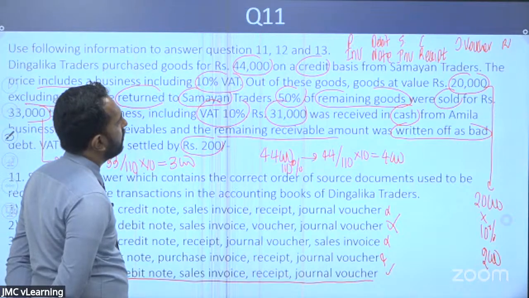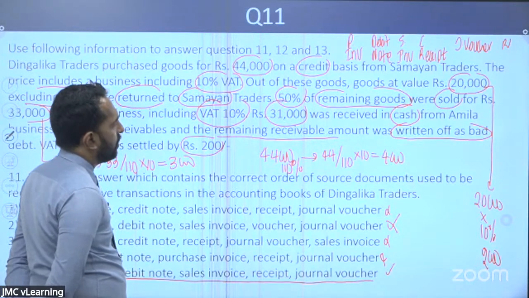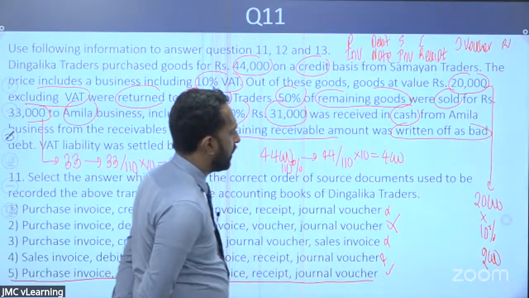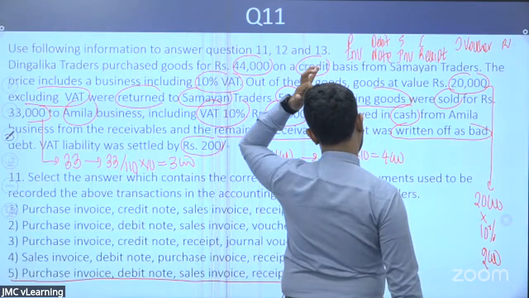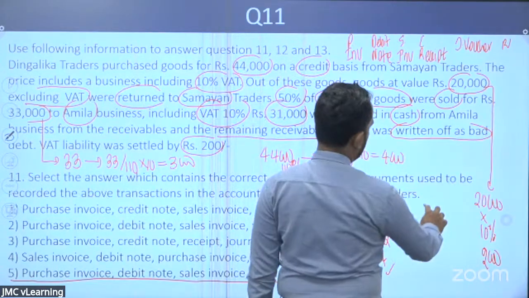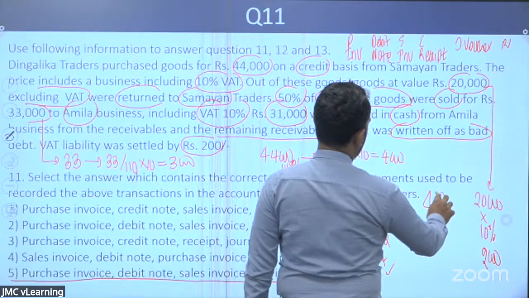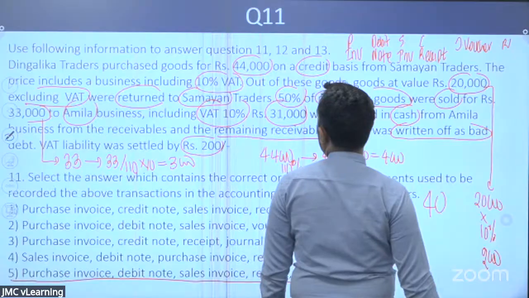50% of the remaining goods are sold. Now you purchased 44,000 worth of items, and excluding the VAT, it's 40, right?